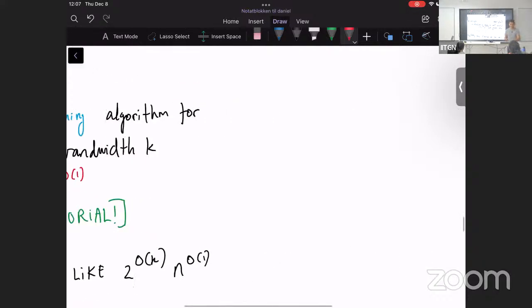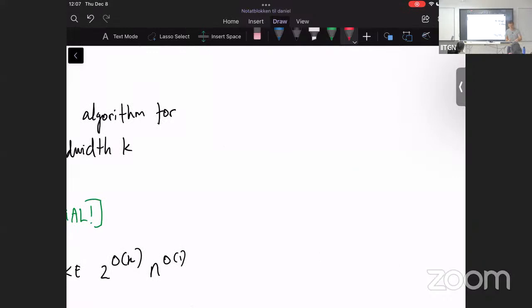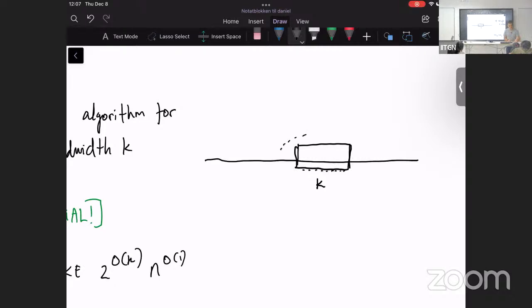Let me just sketch the main idea. If I look at any consecutive set of k vertices in my ordering, then that is a separator. There is no edge from left to right in the graph.